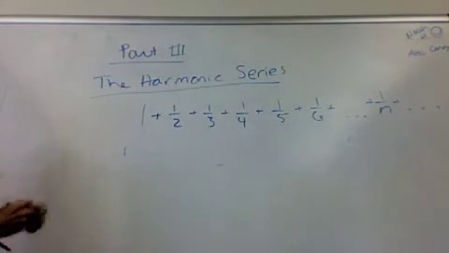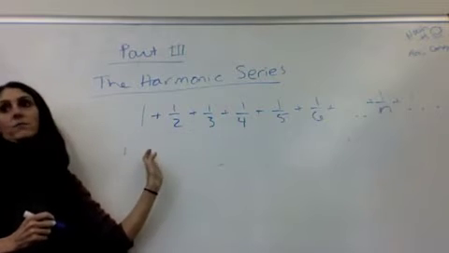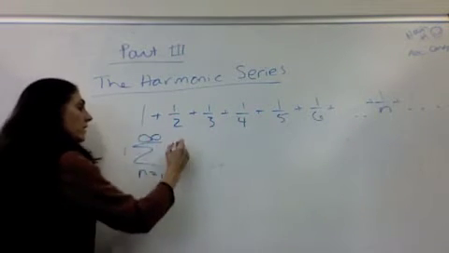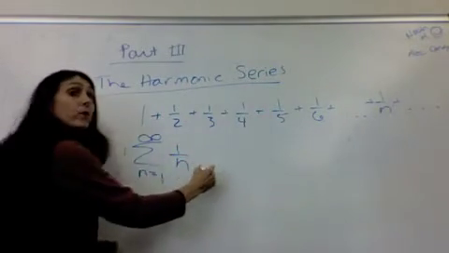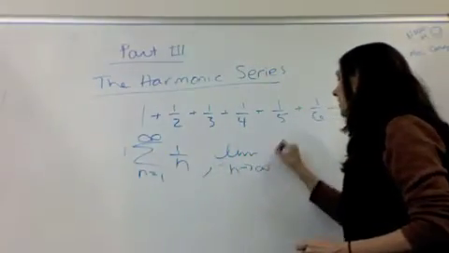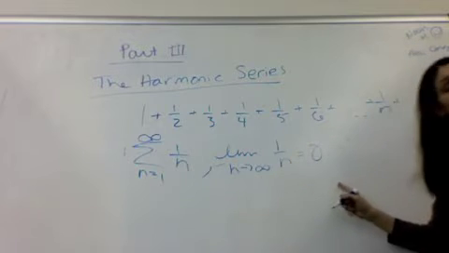So the crazy thing is this diverges. If we have the sum from n equals 1 to infinity of 1 over n, what's the limit? Let's do the divergence test. What's the limit as n goes to infinity of 1 over n? 0, clearly. But that does not prove convergence.